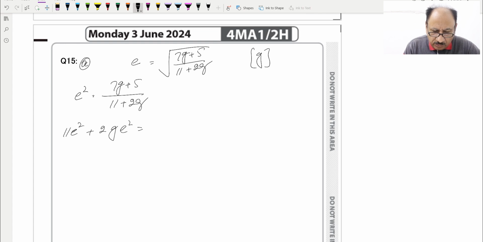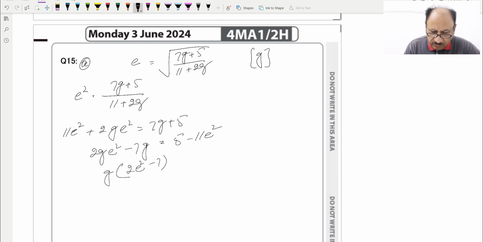is equal to 7G plus 5, and then G we can shift to one side, which will be 2G E square minus 7G will be equal to 5 minus 11 E square, and G we can take common, so inside remaining will be 2E square minus 7 is equal to 5 minus 11 E square.